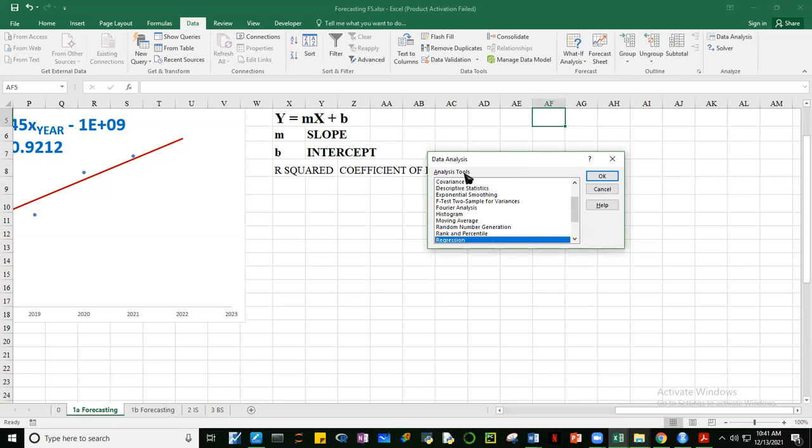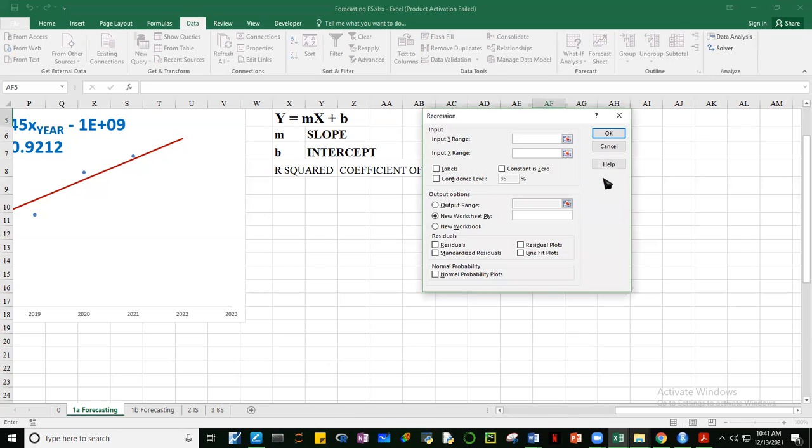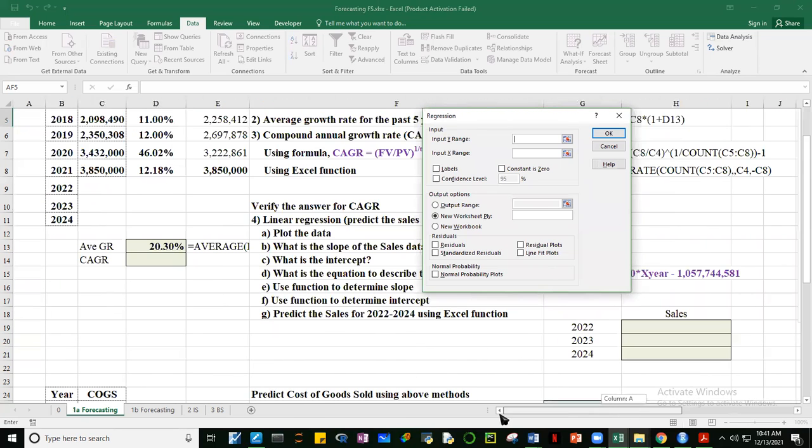This is your analysis tools. So merong covariance, descriptive stat, exponential smoothing. So maraming functionalities, guys. We'll just use regression, go to regression, and then click OK. So we have this one.